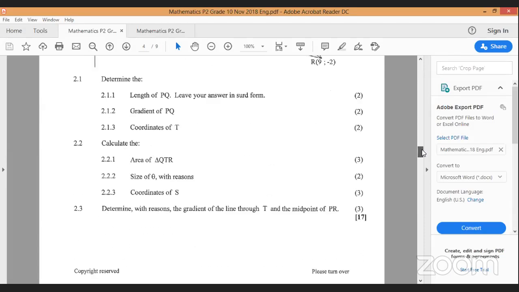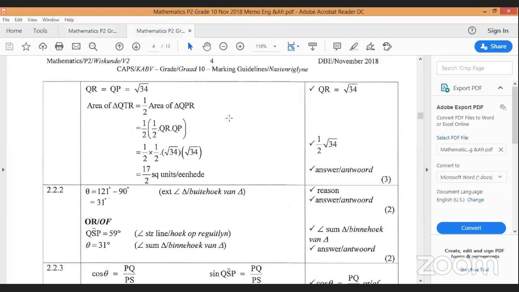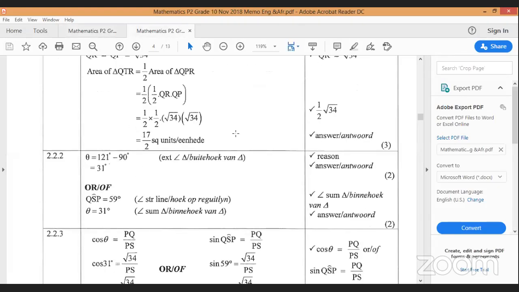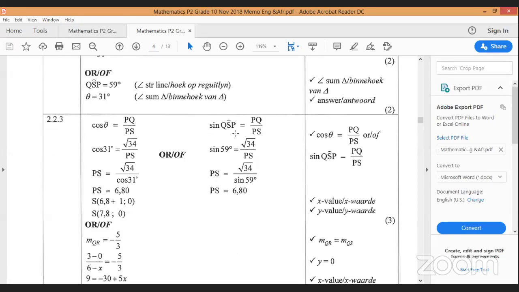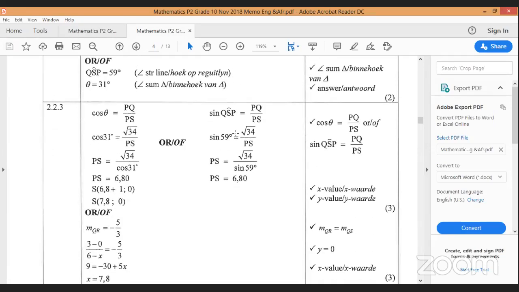And how many marks is this? It's 3 marks, right? So there are so many ways you can do this one, boys and girls. I don't like the trigonometry way because I haven't started trigonometry with you guys. I don't want to confuse you with cos theta, sin theta.